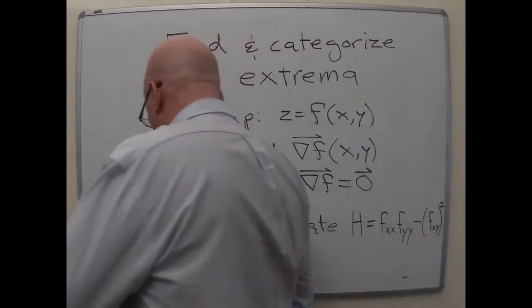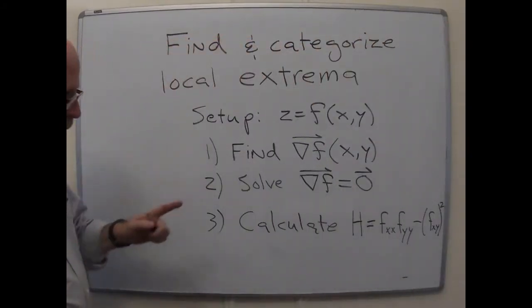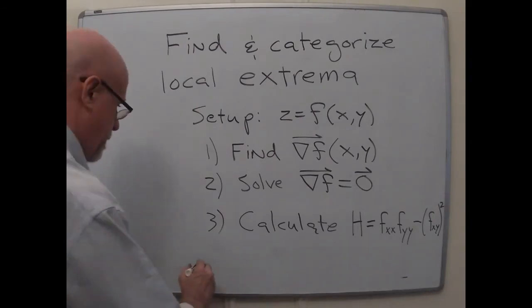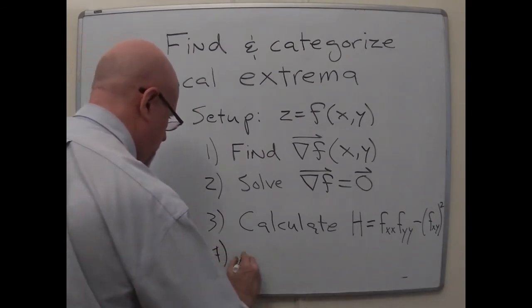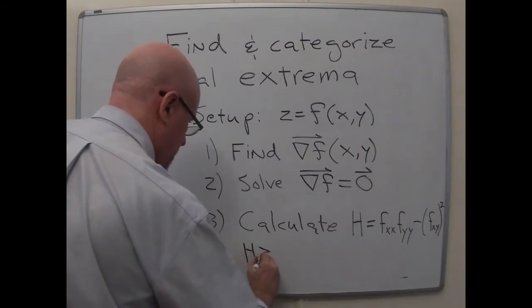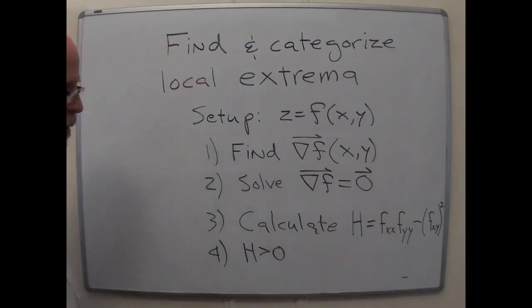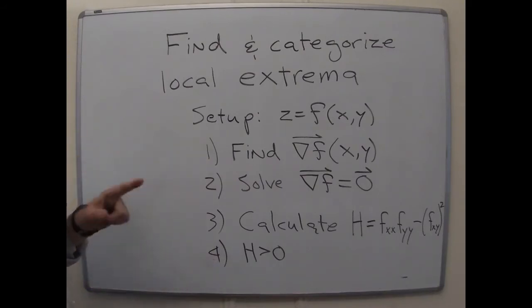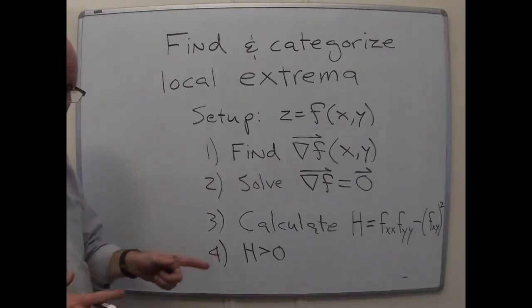Okay, and here's what happens. If that number is positive, that's called the Hessian, then you're either at a max or a min. You still don't know which.